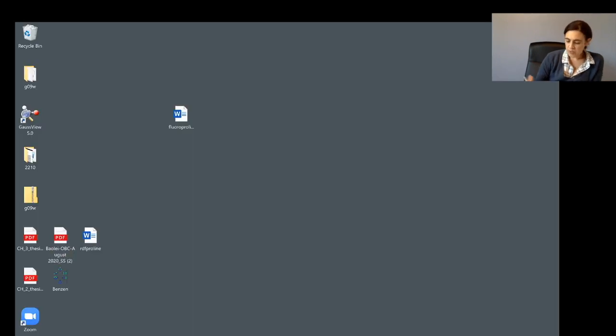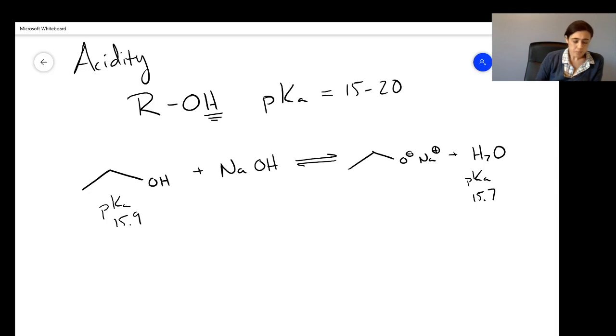This reaction is actually going to be reactant favored, so you're not going to have a useful concentration of your alkoxide.